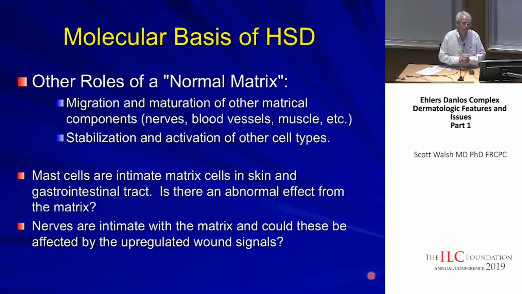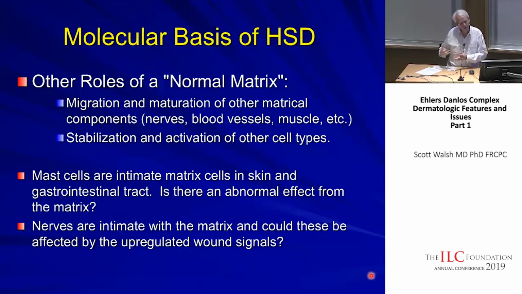There are many roles of a normal matrix. So the matrix is laid down, and all of your nerves, your muscles, they migrate along the matrix. So migration, maturation, many of your growth matrix. And the matrix stabilizes and can activate other cell types.